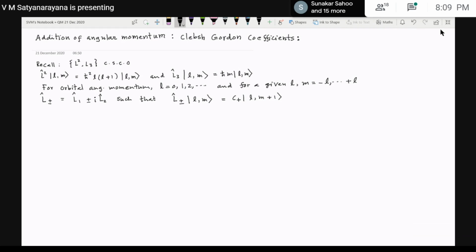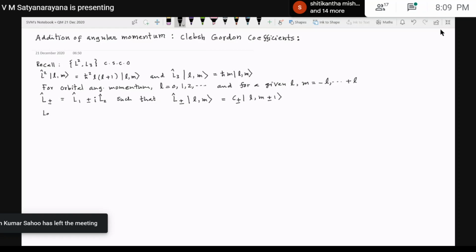You can see that L plus minus changes M by plus minus 1. So the first task today is to evaluate this C plus minus.